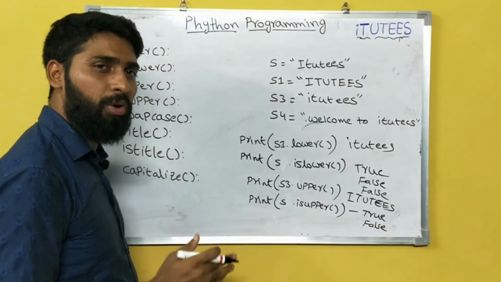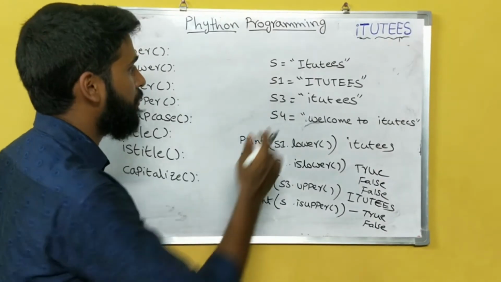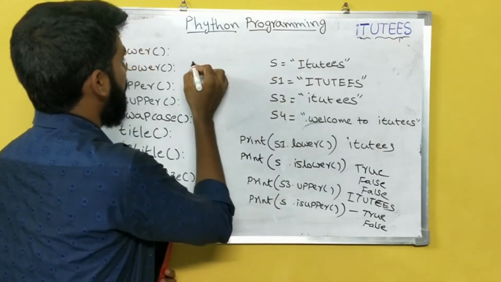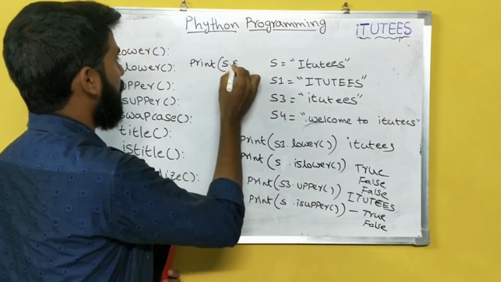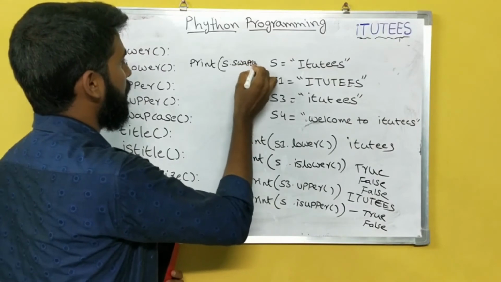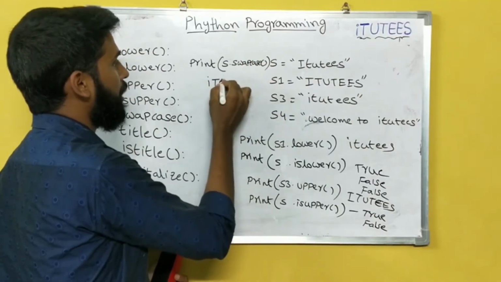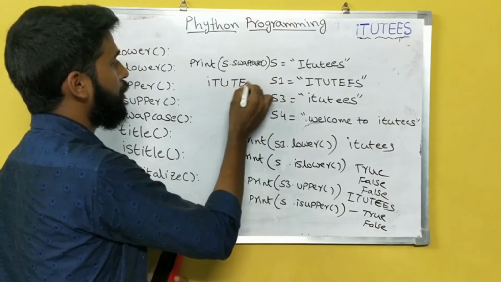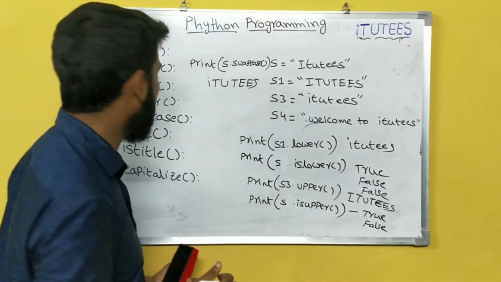Swapcase means the lowercase is printed into uppercase and uppercase into lowercase. For example, print s dot swapcase. What it prints? It prints small I, all are changed to upper. Why? Swapcase. Small into capital, capital into small.